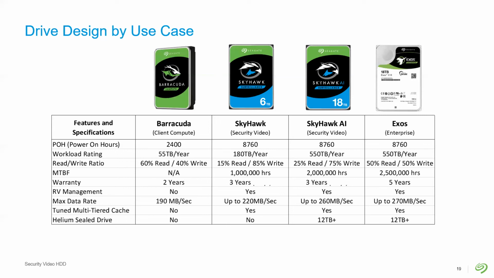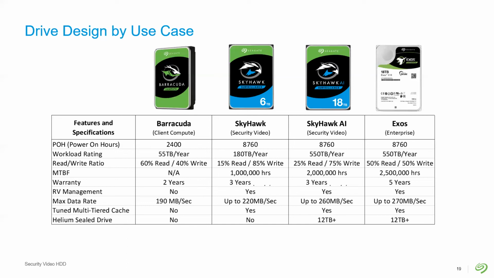You can see that the tuned multi-tiered cache is not available in a Barracuda at all, but it is available in all of the industrially rated 24/7 capable hard drives. How do you know that they're 24/7 capable? The very first category, power on hours. 2400 means office hours.